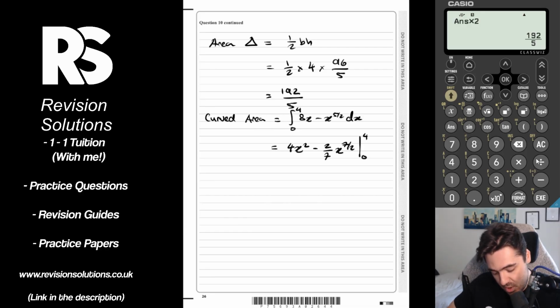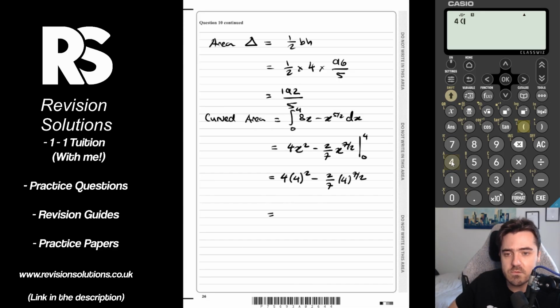Well, the bottom limit is just going to give us 0, because everything's got a factor of x on it, and x is going to be 0 for the bottom limit, so we just need to worry about the top limit. That's 4 lots of 4 squared minus 2 over 7 of 4 to the 7 over 2. Let's plug that in our calculator.